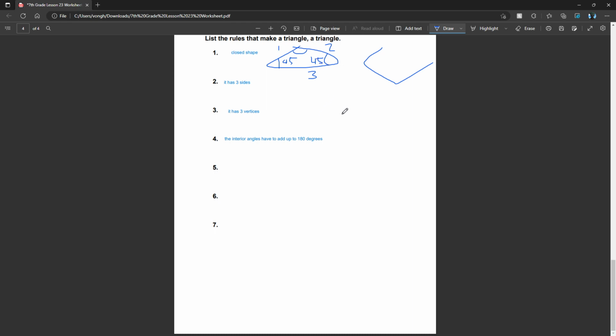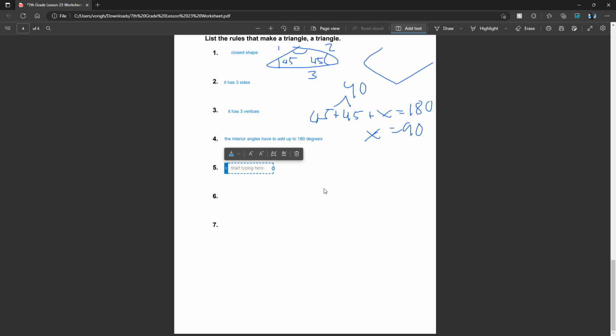So you have 45 plus 45 plus, let's say this angle here is x, equals 180. Now we can find that missing angle. 45 plus 45, that's 90. So 180 minus 90 equals 90. So x is 90, but all the interior angles have to add up to 180. That makes a triangle a triangle.